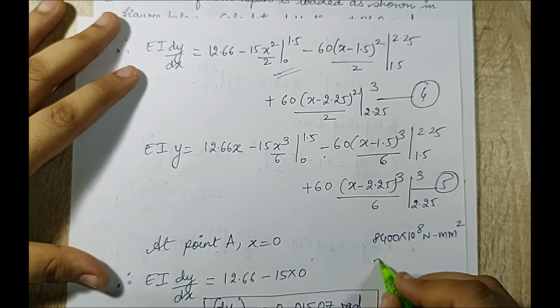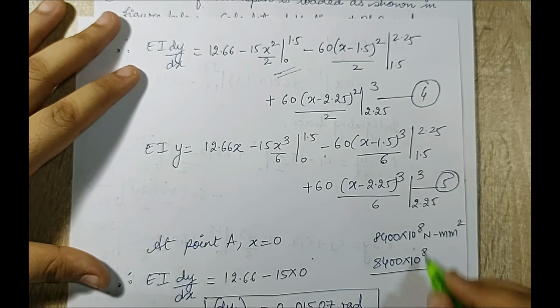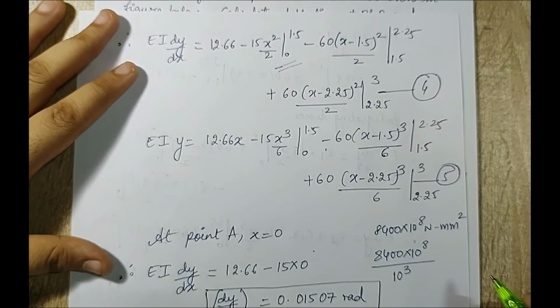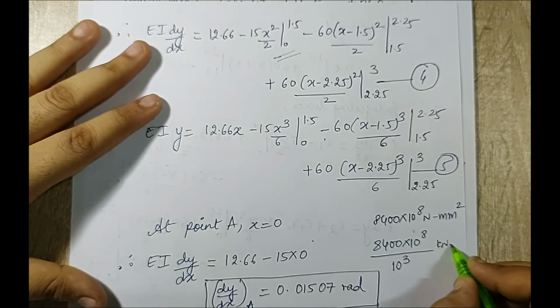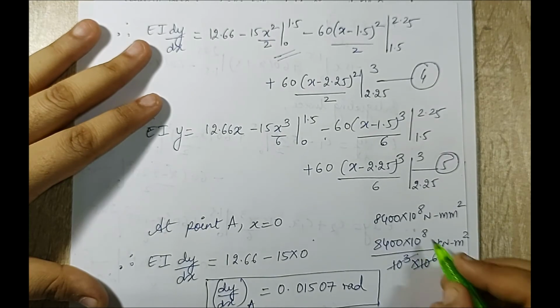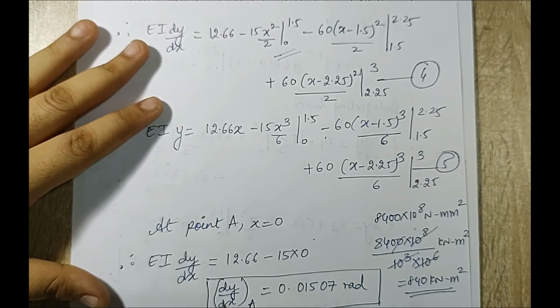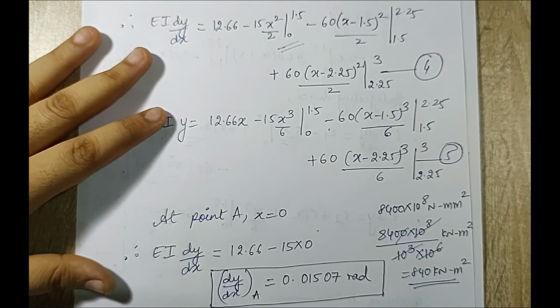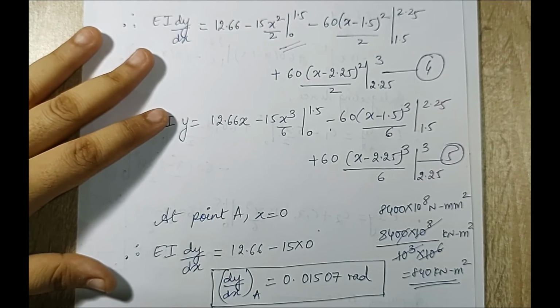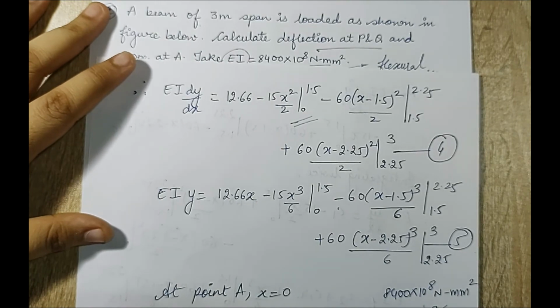When I convert this in kilonewton, it has to be divided by 10 raised to 3. And when I have mm square to convert into meter square, it will be again divided by 10 raised to 6. So this is 10 raised to 9. So this is the value, 840 kilonewton meter square. So just substitute here and you will get the value as 0.01507 radian.